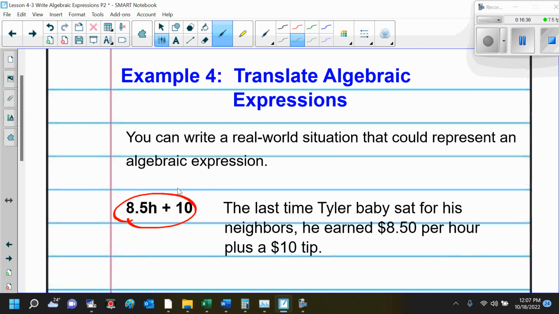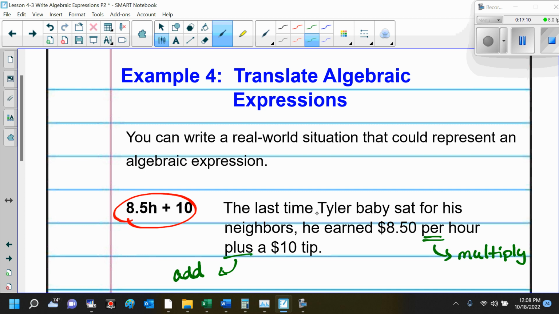Now, the situation that goes with that could be the last time Tyler babysat for his neighbors, he earned $8.50 per hour plus a $10 tip. So here, per means multiply, yep, multiply, and plus means we're going to add. Is everybody clear with that?